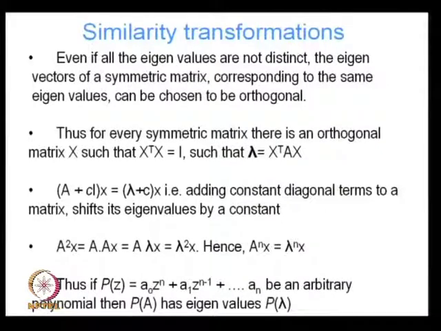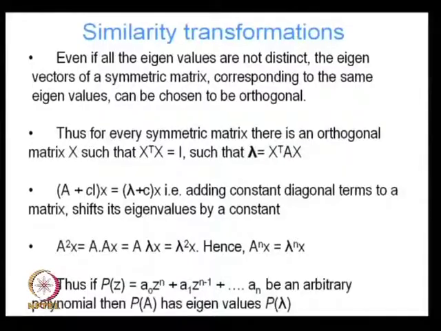In that case, the eigenvalues of A just get shifted. Instead of lambda, the eigenvalues become lambda plus C. So, adding a constant to the diagonal terms just shifts the eigenvalues by a constant C. That is one property of eigenvalues.